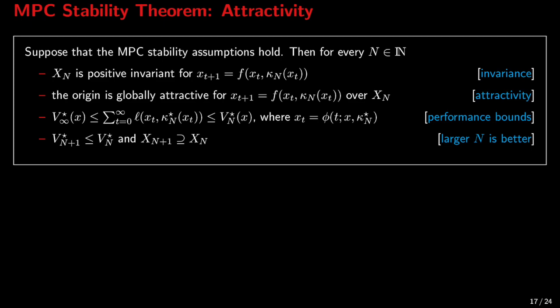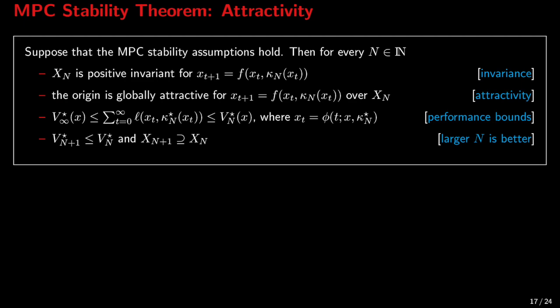So we have invariance. That's the number one requirement we stated earlier. Second, the origin is globally attractive for the MPC controlled system over the set of feasible states, over XN.